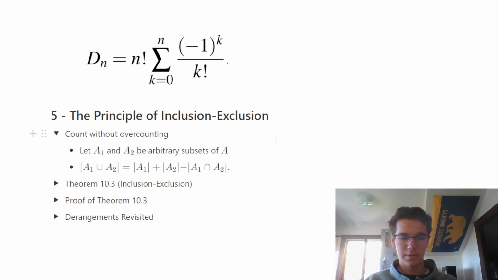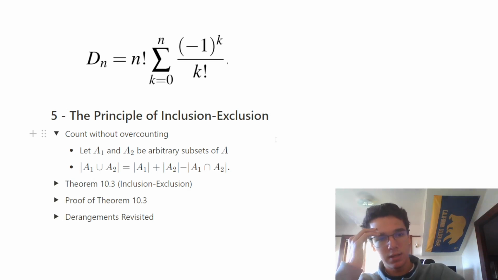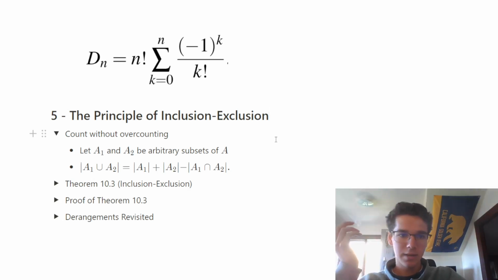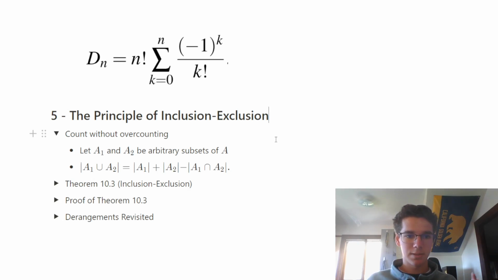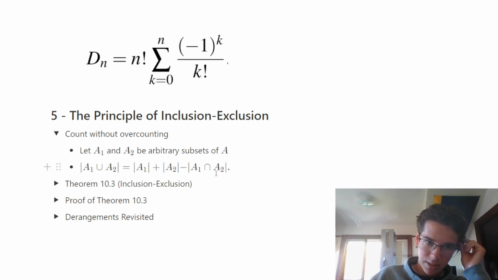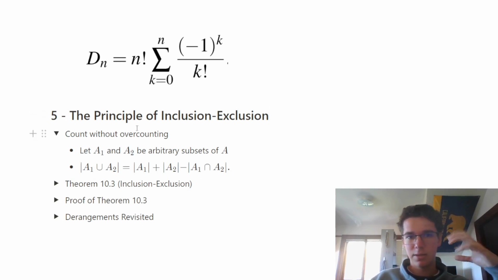Let's say we have two sets, A1 and A2, which are subsets of A. If we want to get the size of the elements in A1 or A2, we can sum the cardinality of each of the sets, and then we have to subtract out any of the overlaps, right?